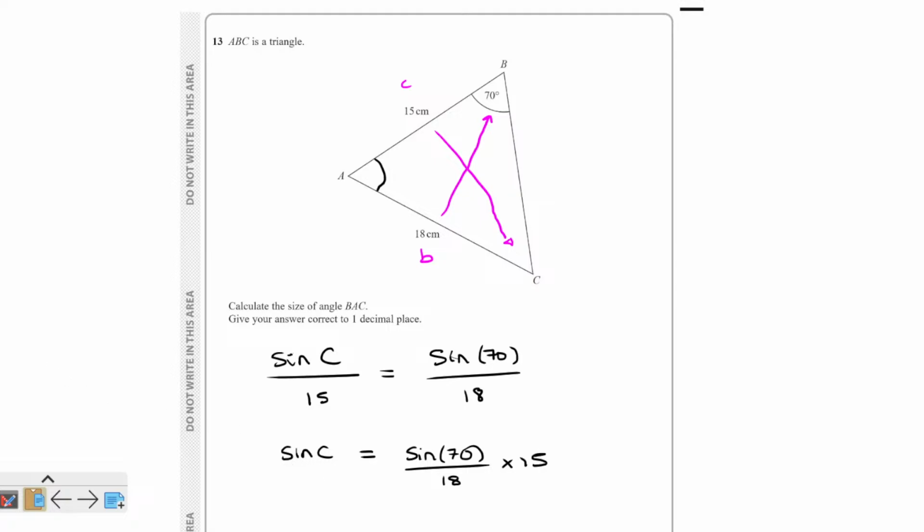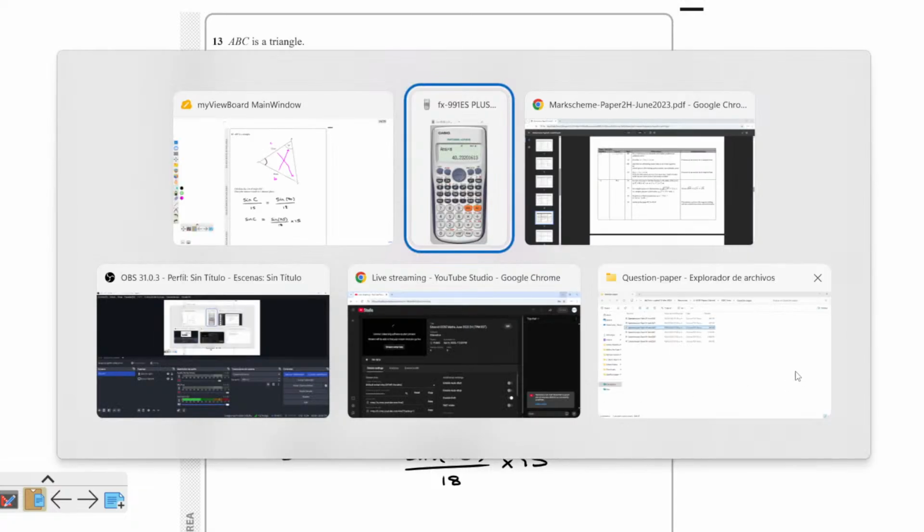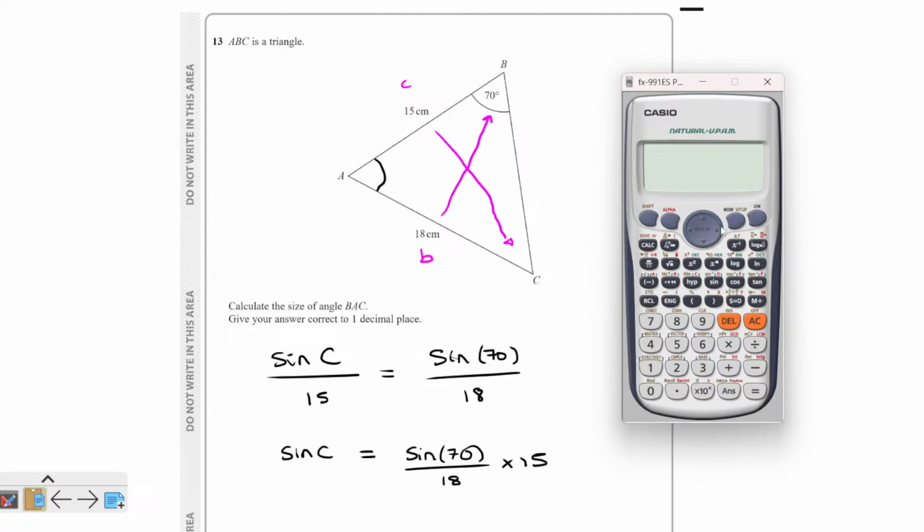Now, do you see how that gives me sine C? I just want to know the actual angle. So whenever we're working out an angle with trig, whether that's SOHCAHTOA, sine rule, cosine rule, anything, you always do the inverse, don't you? What I mean by that is when it has the little -1. So bring back my calculator. If you press shift and then sine, do you see how I get the -1? That's the inverse.